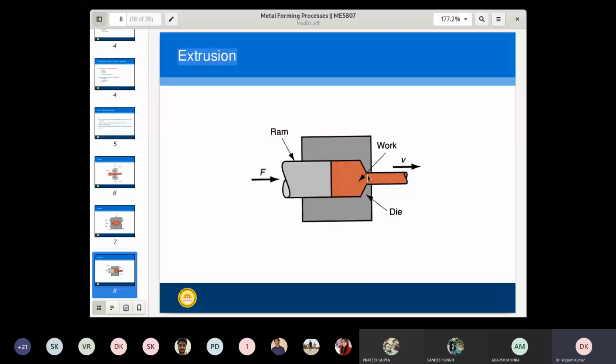There is a narrow die opening, and the workpiece is passed through this narrow die opening and converted into new desired dimensions. Okay, so this is how the metal flow takes place in the case of extrusion processes.